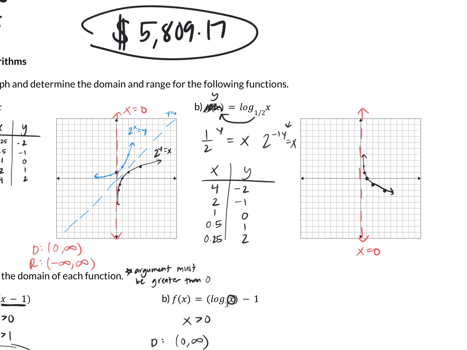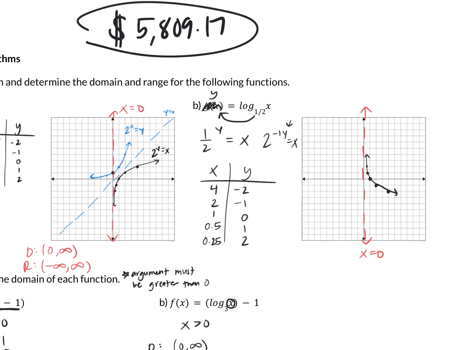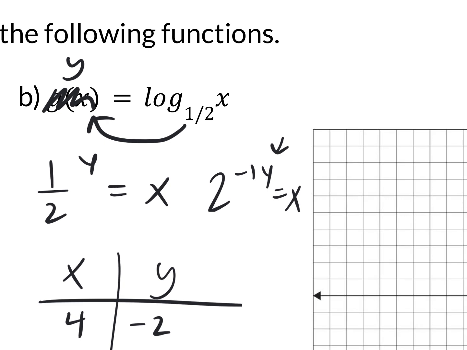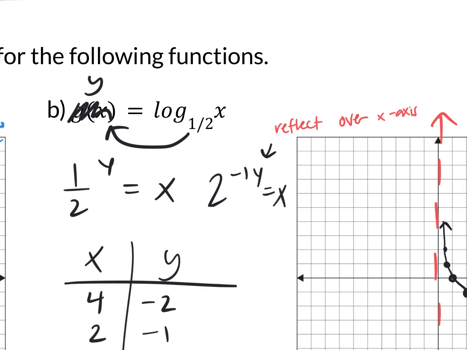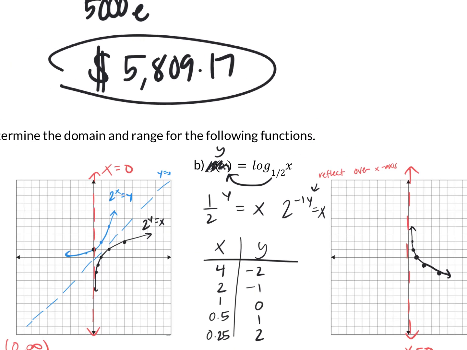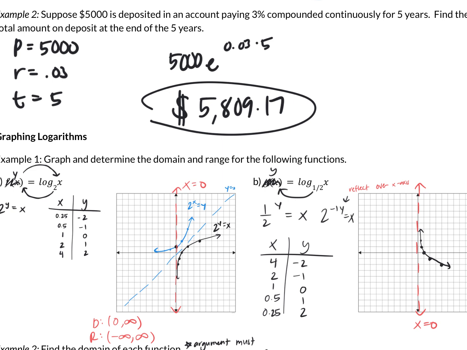But a reflection over what? The x, right? This -1 here, that's with my variable, is reflecting it over the x-axis. Cool. All right, those are my parent functions for log base 2 and log base 1/2.